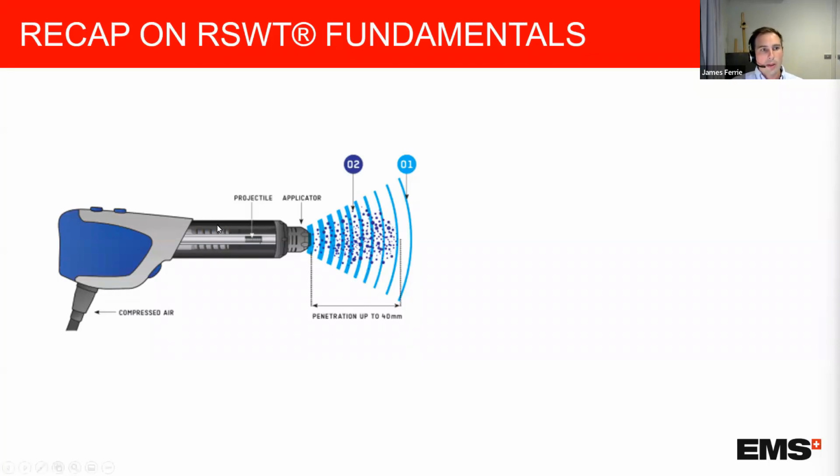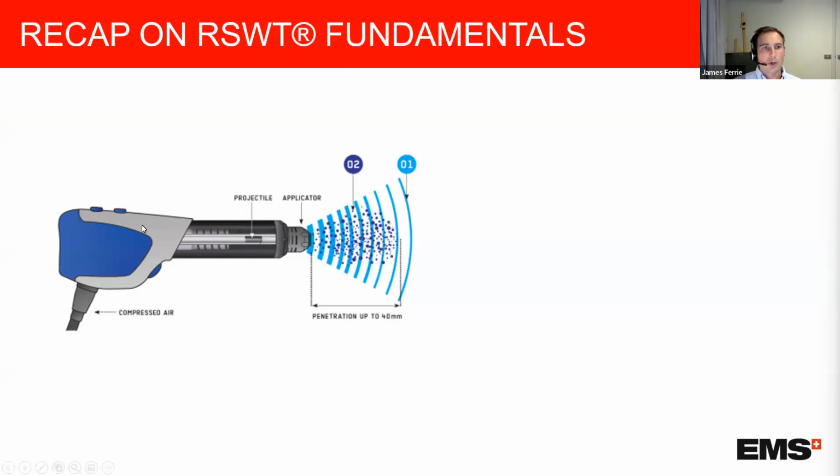Now, one of the evolutions in the handpiece with EMS was changing to a piston-based technology. The benefit there is we're able to maintain energy. As we treat at a higher frequency, this projectile has to return back to the start.